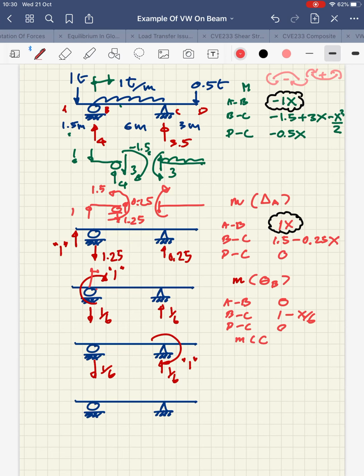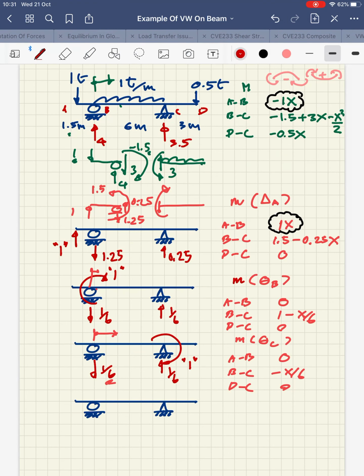So I can now begin writing my moment equation for this case. A rotation at C from A to B is 0. From B to C, because I begin from point B again, I now only have the shear, which is minus x over 6. And from D to C is again 0.